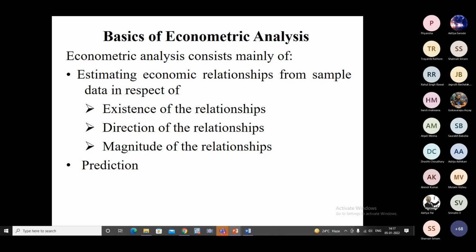So the dependent variable is also in logarithmic scale. The independent variable is also in logarithmic scale.